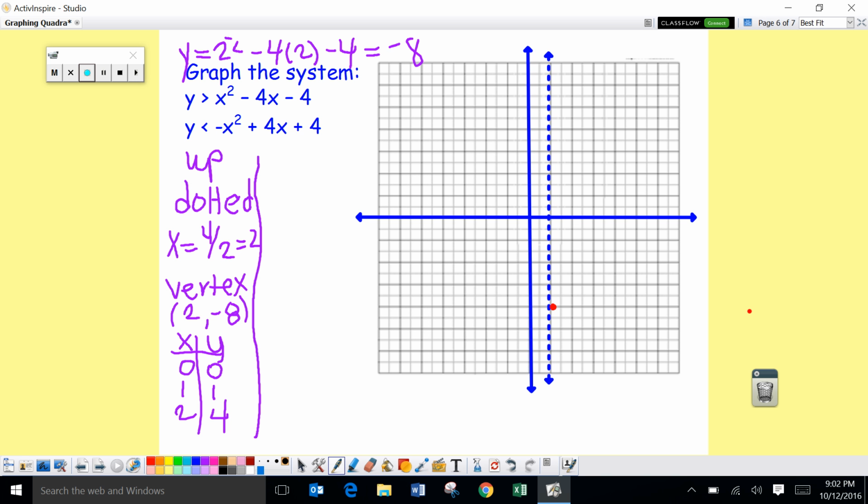Then I'm going to use my parent function table. I'm going to go over 1, up 1, reflect it to the other side. Then I'm going to go over 2 and up 4 and reflect it to the other side. I am going to use a dotted curve to connect these together.